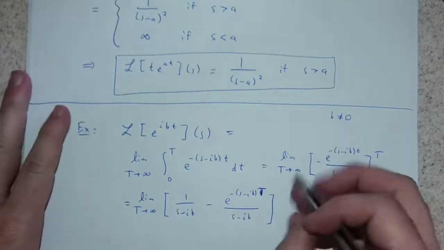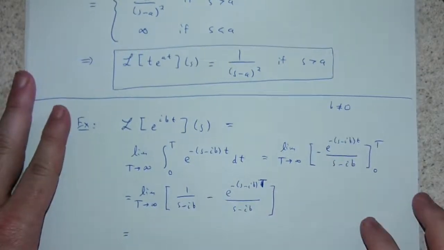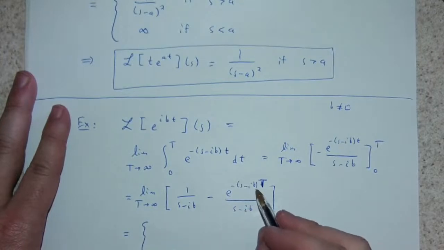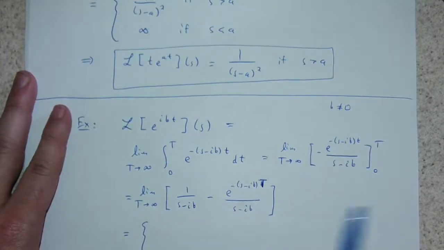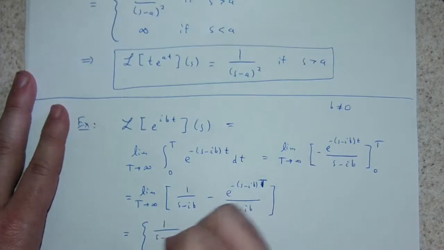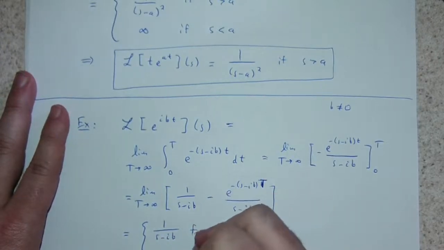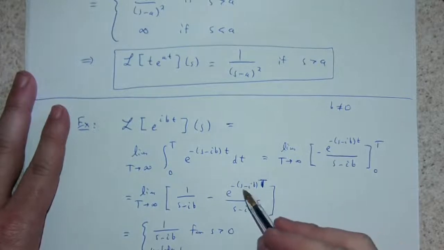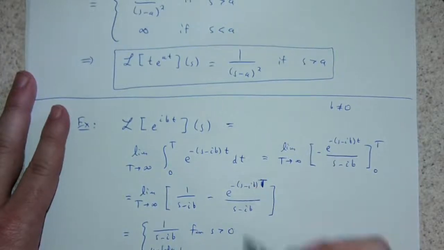So then this is equal to the limit in the case that s is greater than 0 here, 1 over s minus ib. And it is just strictly undefined if that thing doesn't disappear. If this thing doesn't disappear, there's just no value we can assign to this.